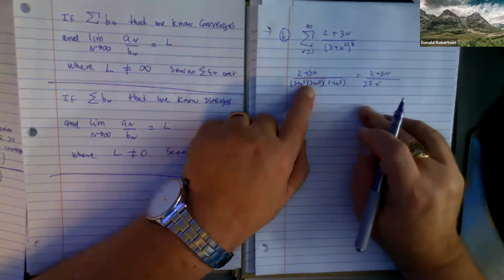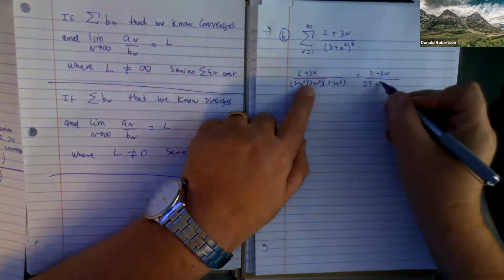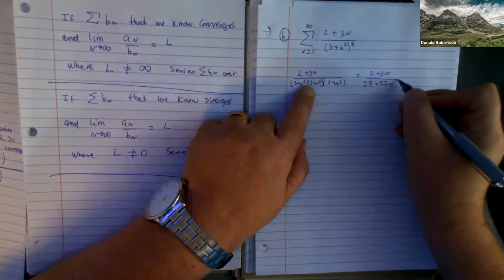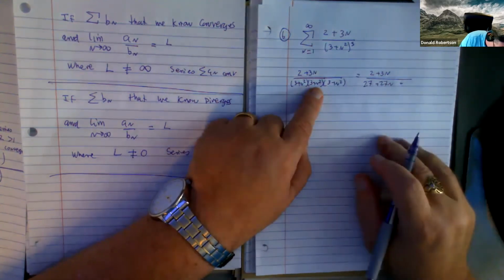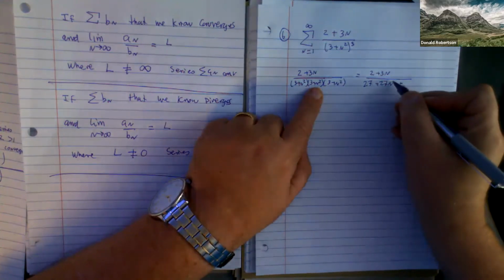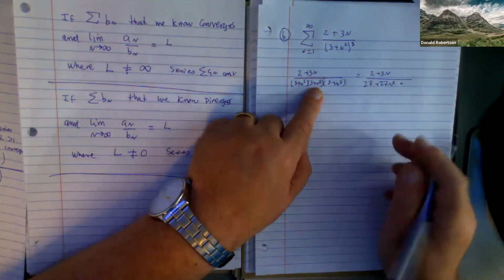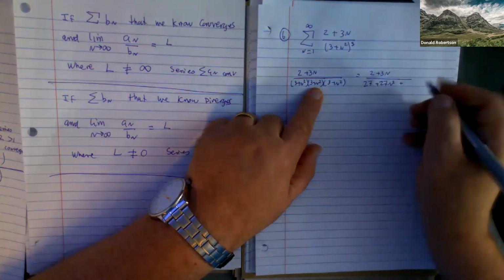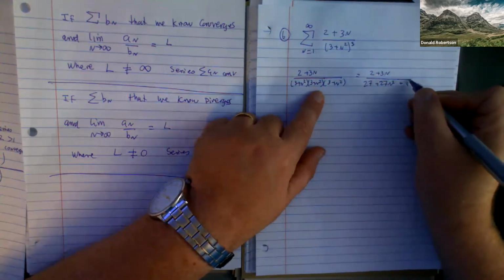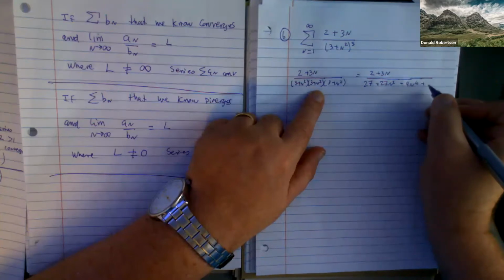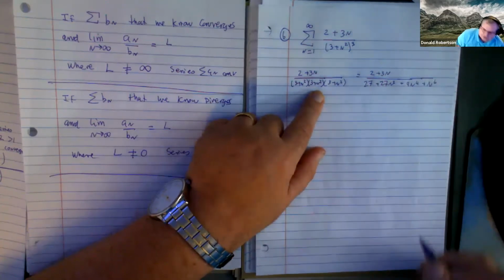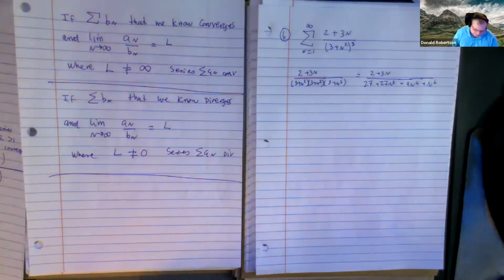You're going to get 9 n to the 4s. And you're going to get an n to the 6. And you just have to trust me, but you can FOIL it out.